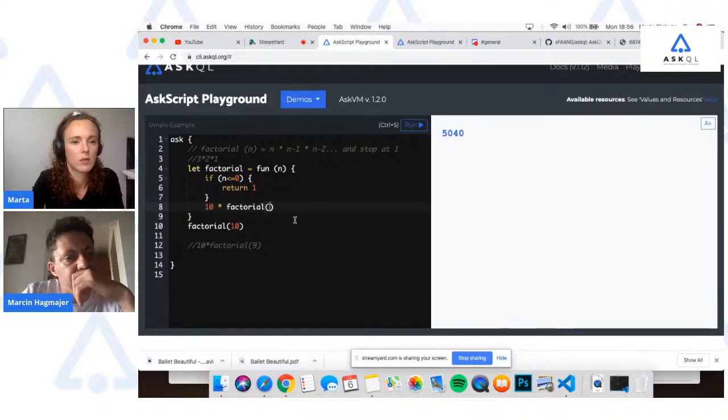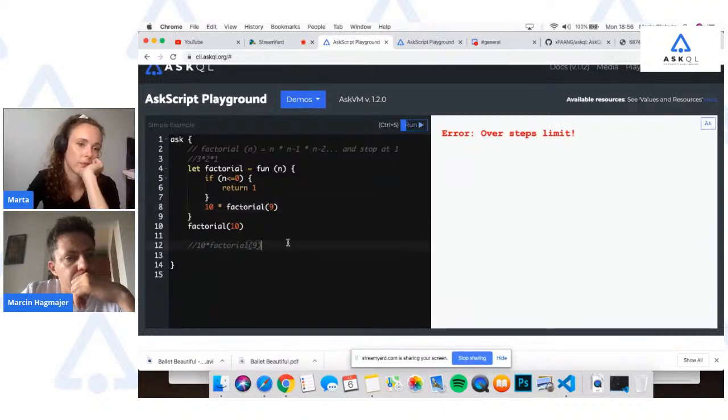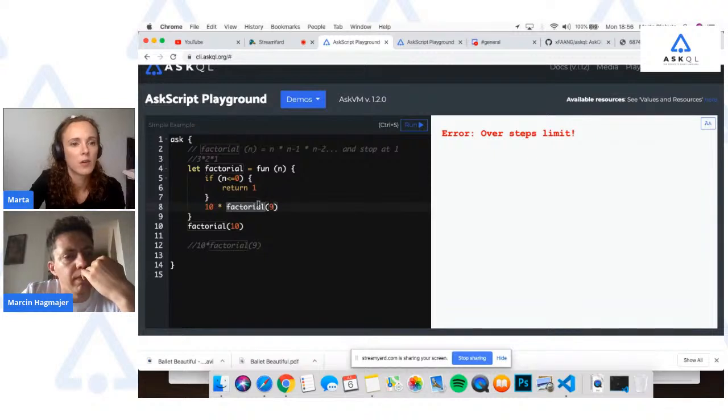It should just run out. The reason why this runs out, I think, is that you always ask for factorial of 9, and you keep asking the same question. I'm actually asking to run this function, and then it starts all over again.